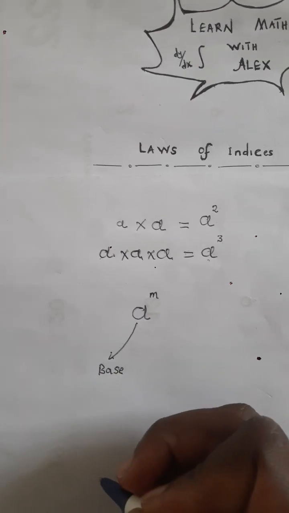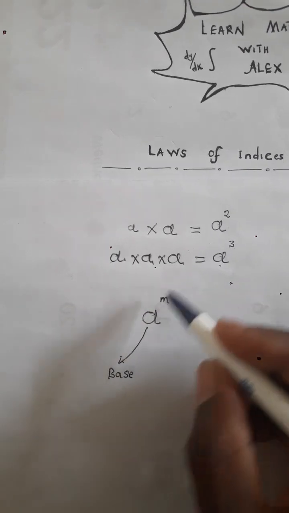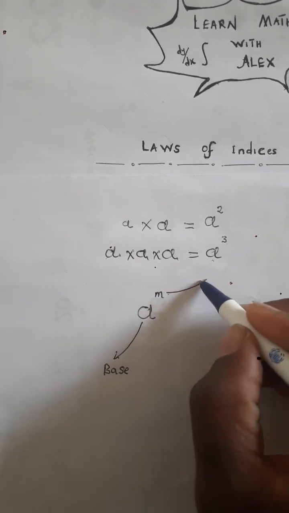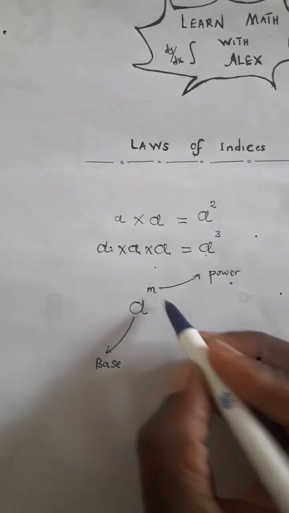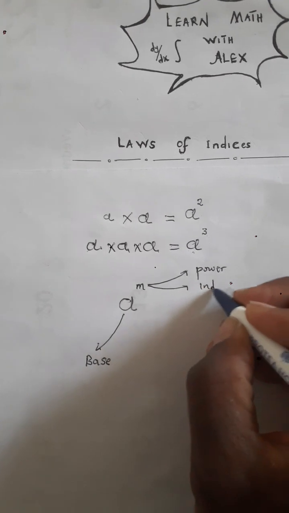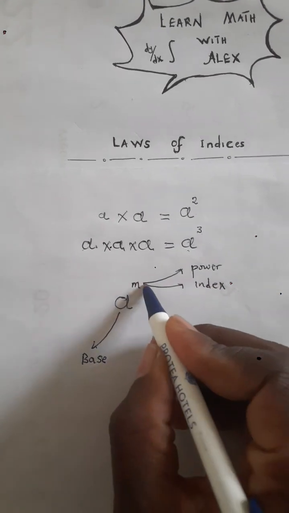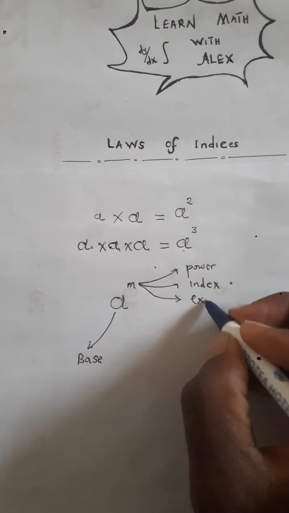So this is a base, and the number on the top right of the base also has a special name. It is known as power, but you can also call it an index, or an exponent.